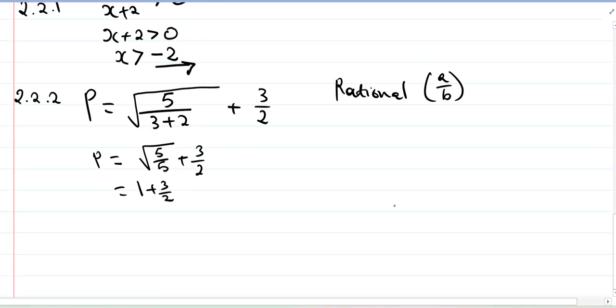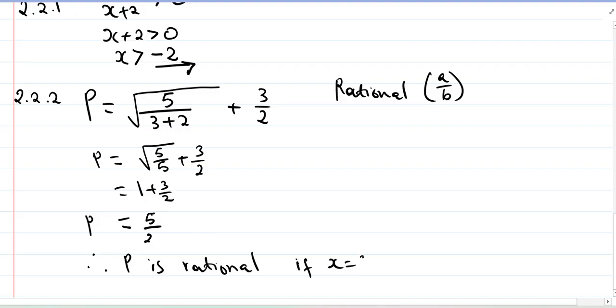Then when I simplify it further, it gives me 5 over 2. By doing this, I've shown that p is rational if x is equal to 3. You can see that our p is written as a over b, as a fraction.